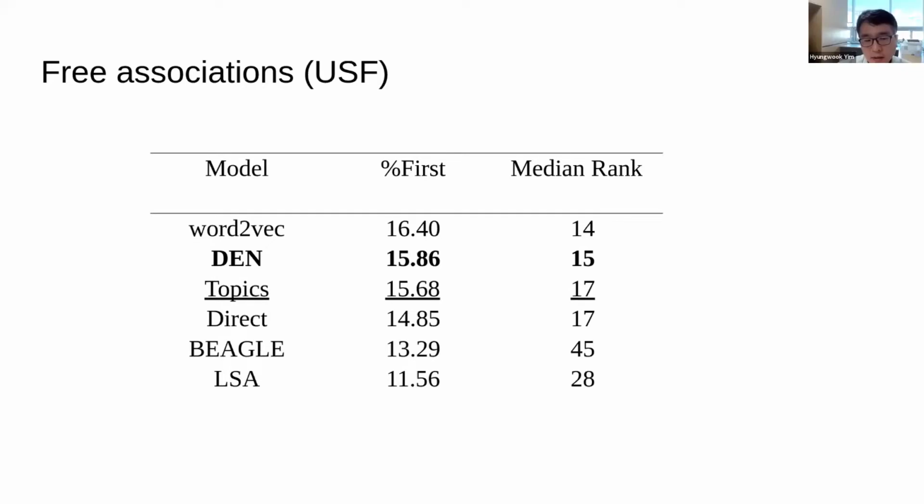What's cool is that we fixed the corpus in these simulations to be exactly the same as what Griffiths, Steyvers, and Tenenbaum 2007 reported. We get the exact same performance measures as they reported, a median rank of 17, and we can do better than that. So we outperform the topics model with the dynamic eigennet.